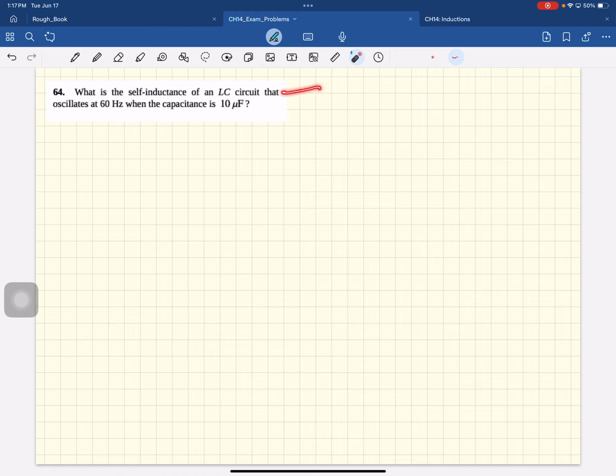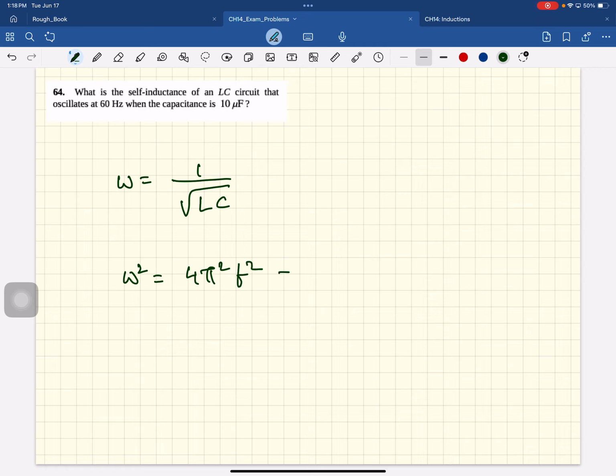What is the self-inductance of an LC circuit that oscillates at 60 hertz when its capacitance is 10 microfarads? Okay, omega is 1 over square root of LC, which is 2 pi f. So omega squared is 4 pi squared f squared, equal to 1 over LC.